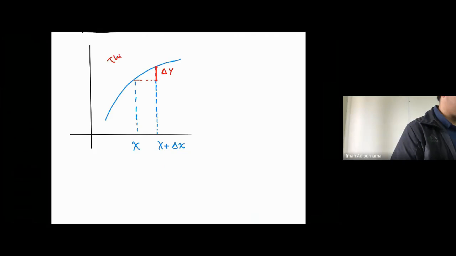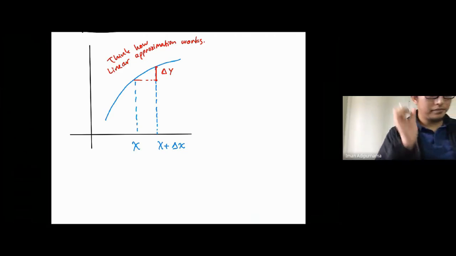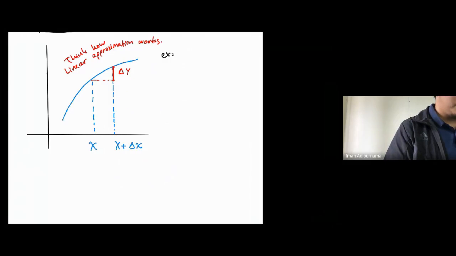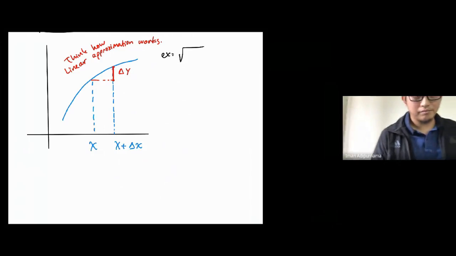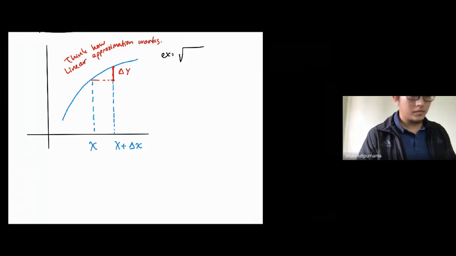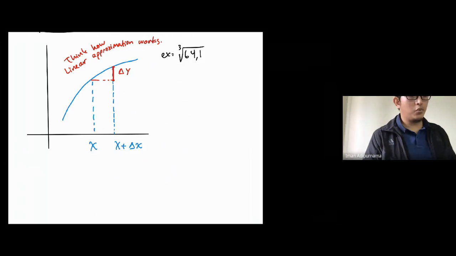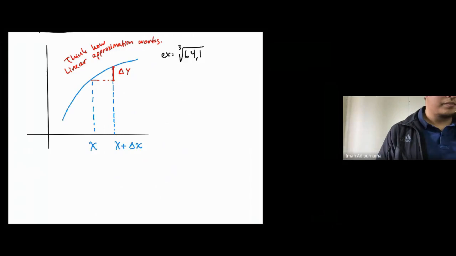Let's think how linear approximation works. For example, you want to find the cube root of 64.1.